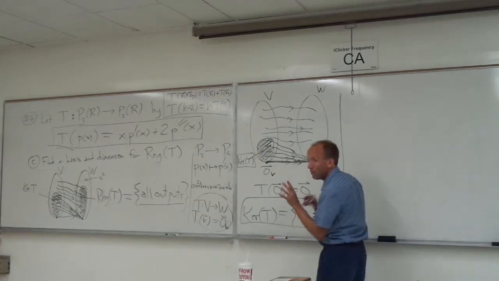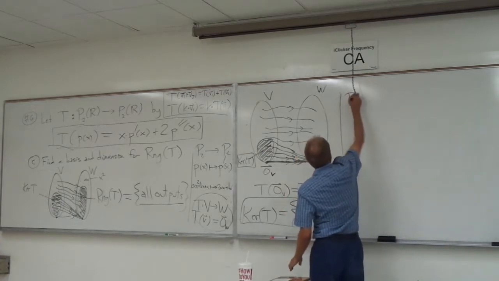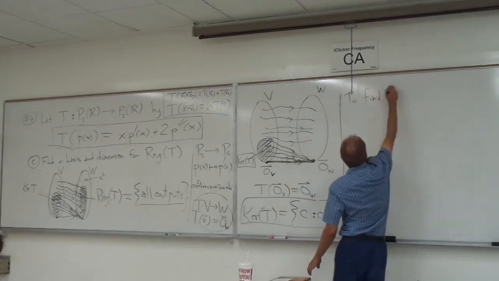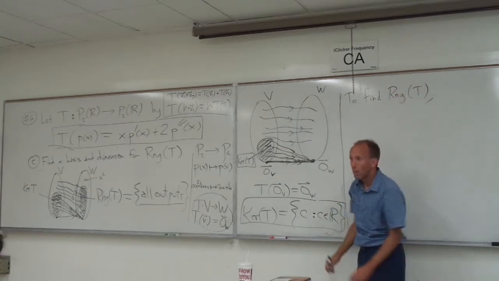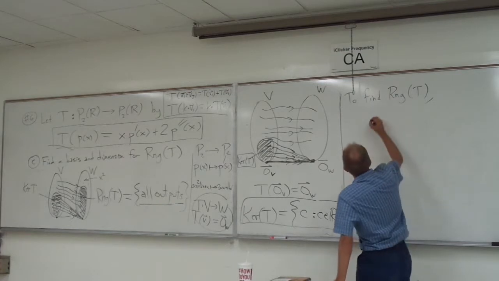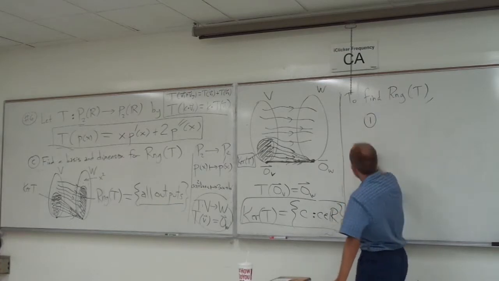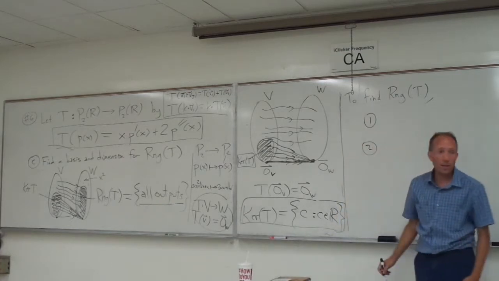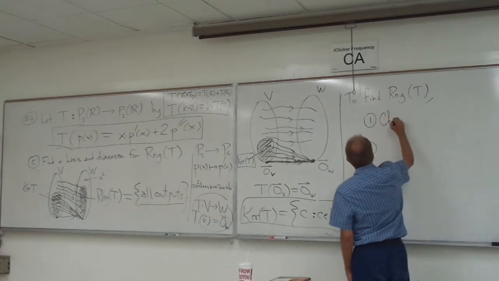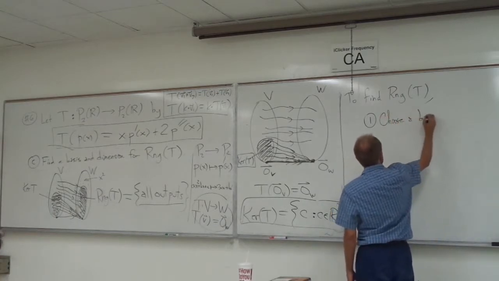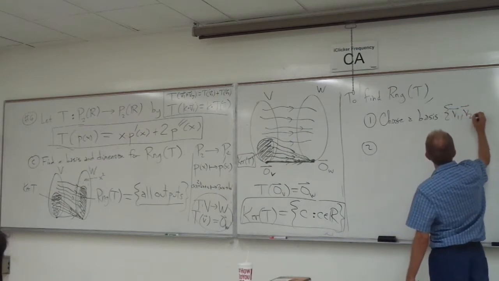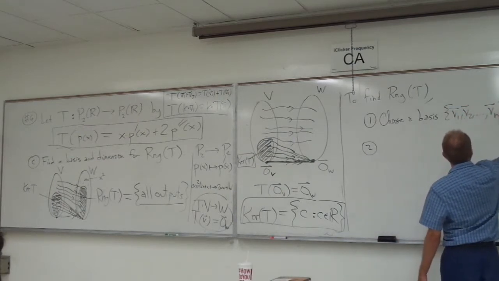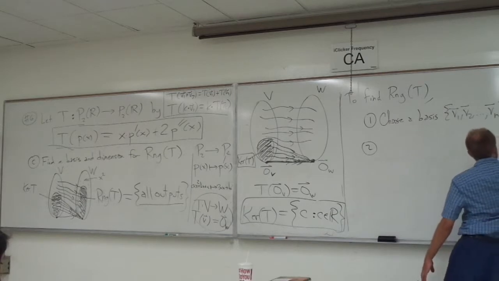Okay? Here's the deal. To find the range of t, here's what you do. You do 2 steps. There's sort of 2 parts to this. The first part is choose a basis, let's say v1, v2, up to vn for v.